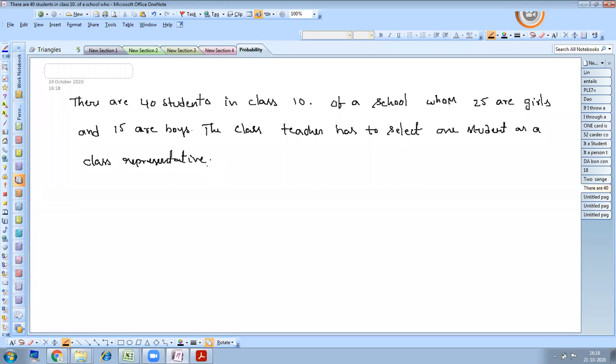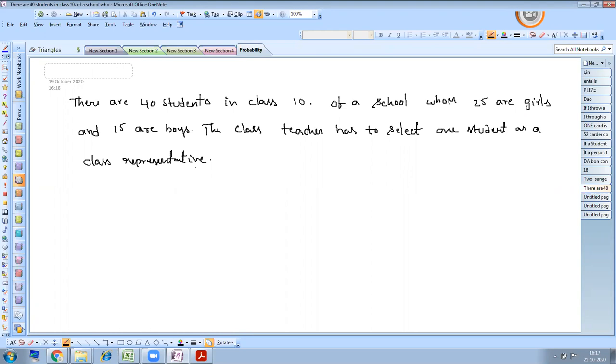She writes the name of each student on a separate card. The cards are identical. So what did the teacher do? She took 40 identical cards, each card containing one student's name, and she put all the cards in a bag and shuffled.